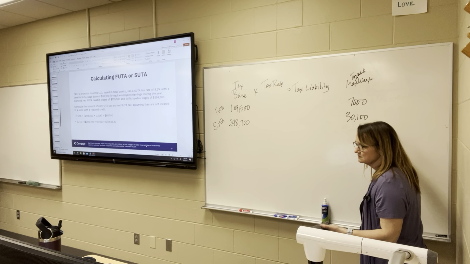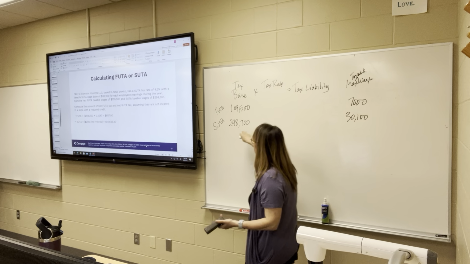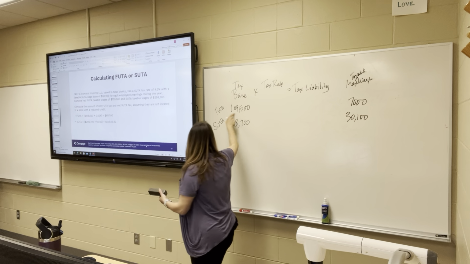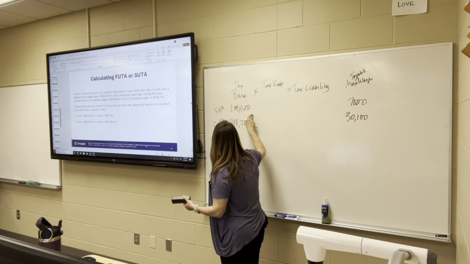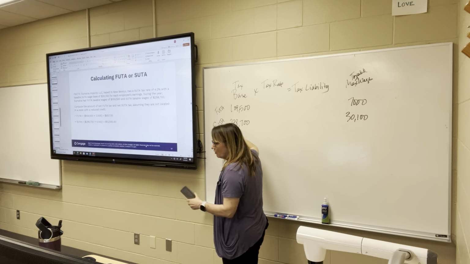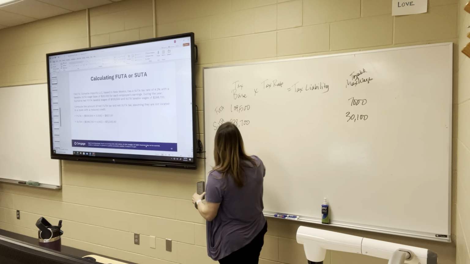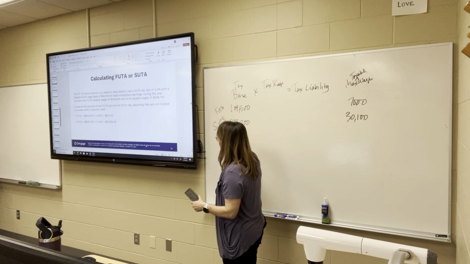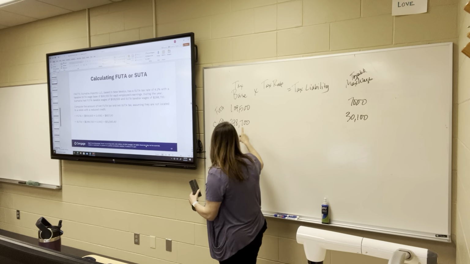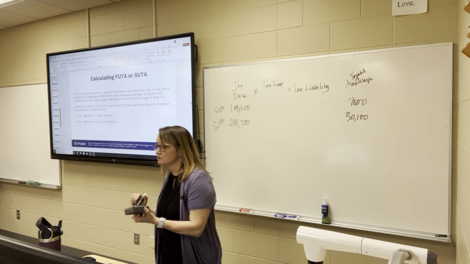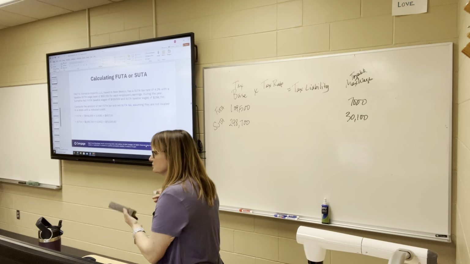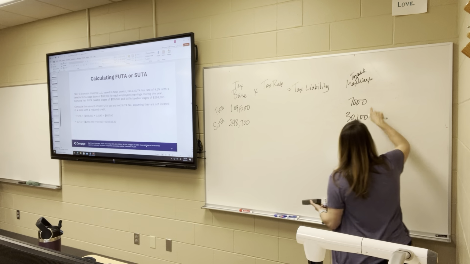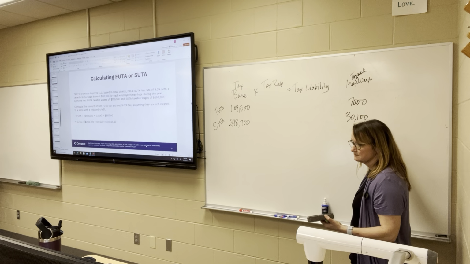So it makes sense that our total tax base is higher. What this means is that for all of their employees, 109,500 of those wages that were paid are taxable for FUTA purposes. 298,700 of those wages are taxable for SUTA purposes. That's because there's a difference in this maximum amount that's going to be taxed.